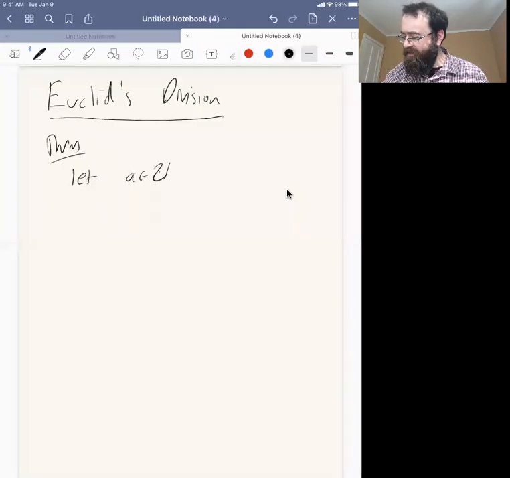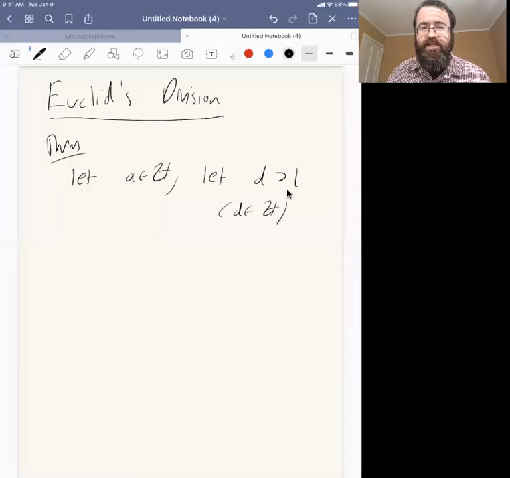Let a be any integer, and let d be strictly greater than 1. d is also an integer. I could have said d in the natural numbers, of course, because it's bigger than 1. So you're trying to divide; d is the thing that you're dividing into a.